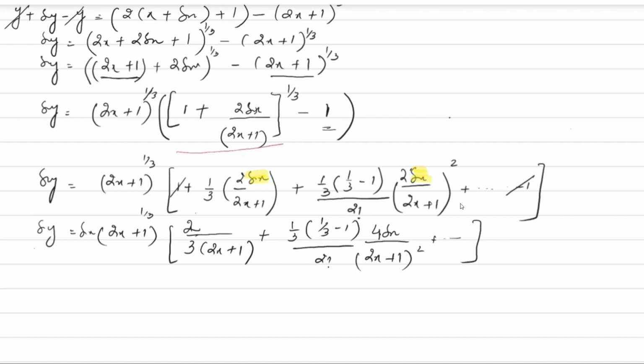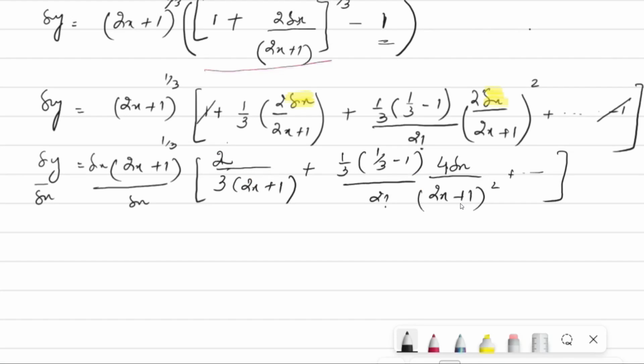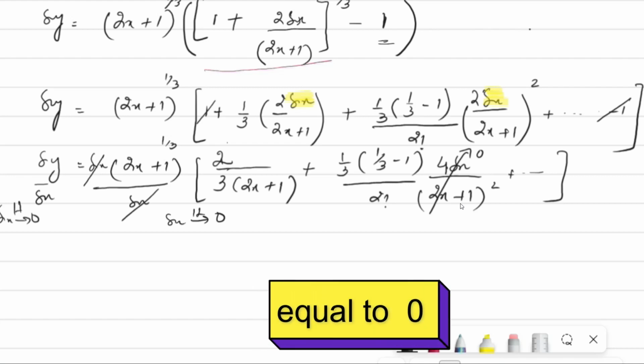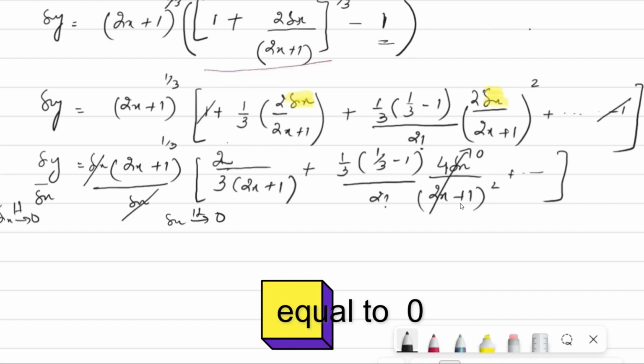So to divide it by delta x, delta x will be cancelled with delta x and delta x approaches 0. After that we are applying limits as well. So wherever you can see delta x, it would be 0. If 0 will be multiplied with this whole term, then the answer will be 0.